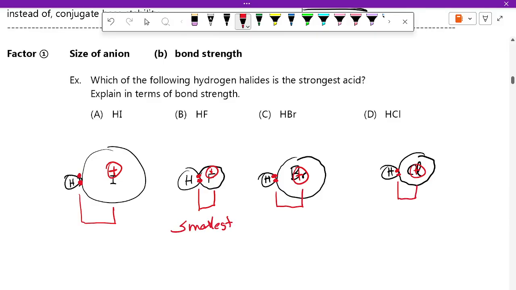It's going to have the smallest bond length, yes? A halide is a halogen ion. So chloride, fluoride, bromide, iodide, yeah.